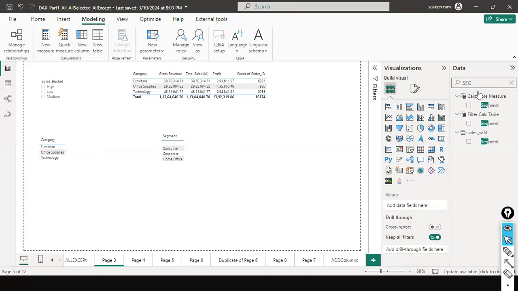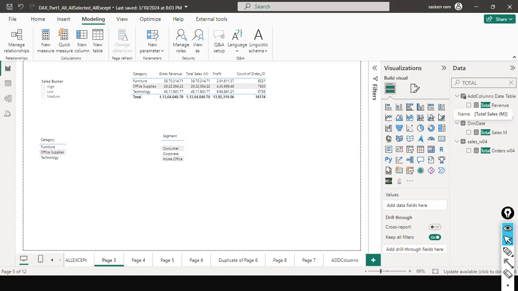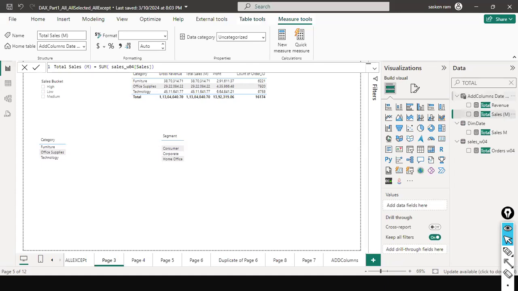Now we will look at the measure which we created, Total Sales M. Click on it, and you can see the total sales measure is equivalent to the sum of the sales. The same measure I'm going to use along with these two different categorical columns in the table visual. Let's see what happens.